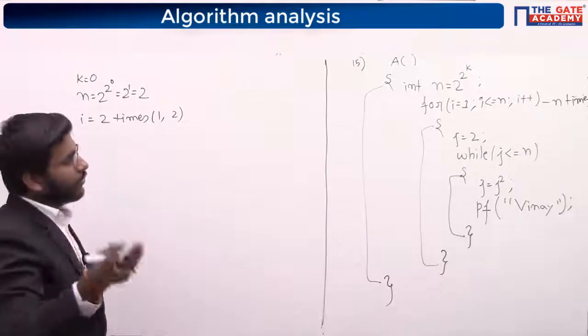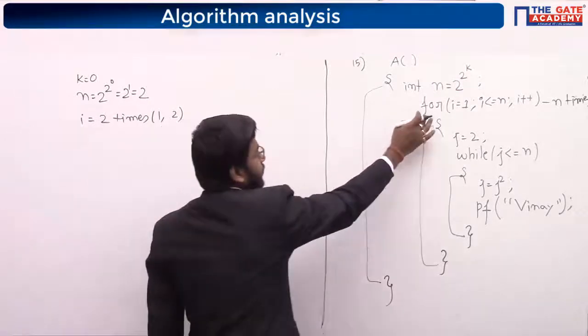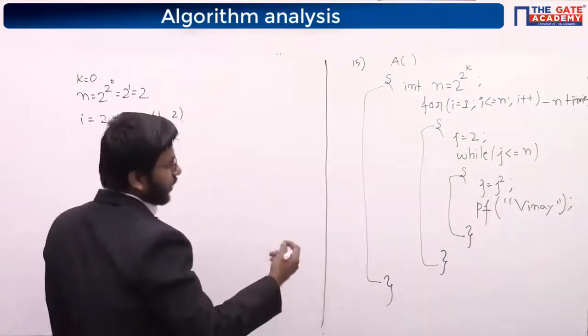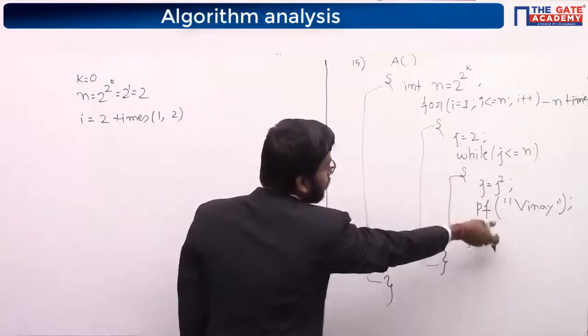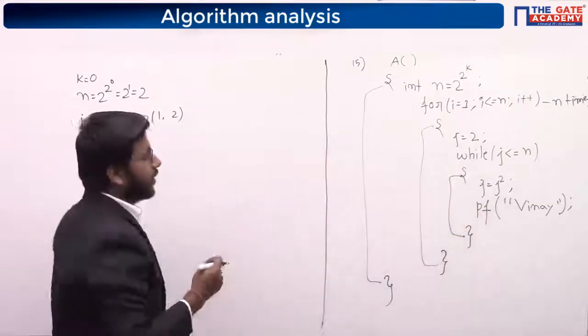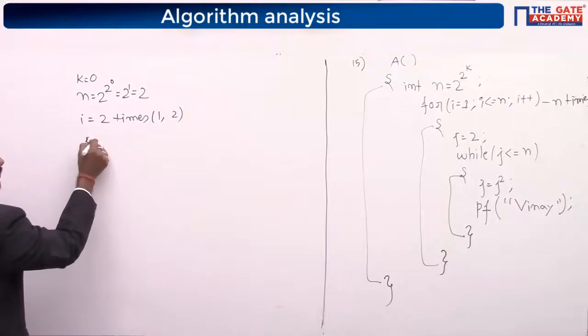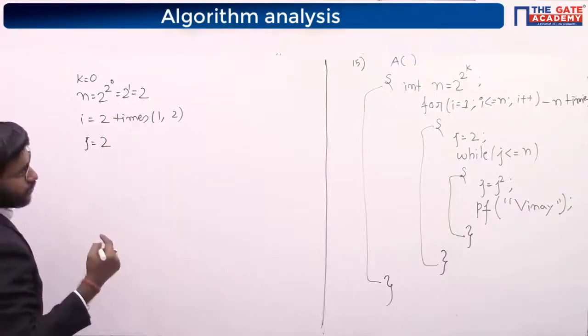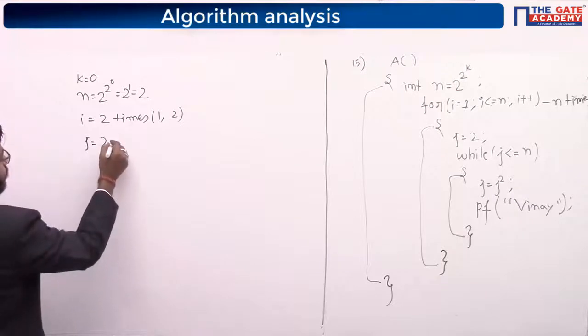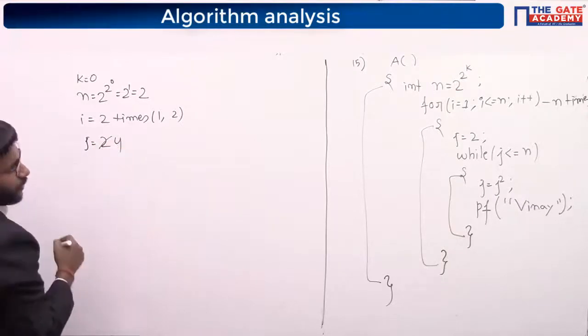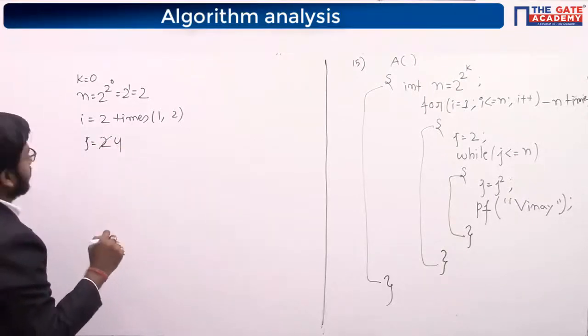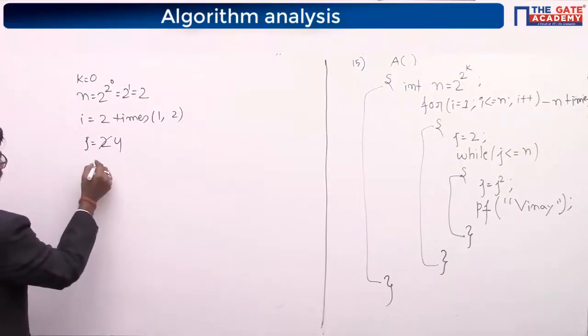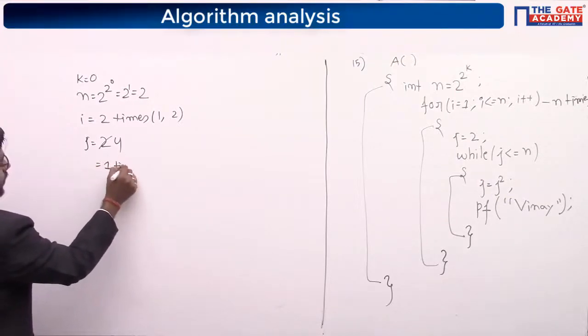When it will be 3, it will go out of the loop. So for each value of i, we have to see how many times it is printing this. So j is 2, and 2 is smaller than n, yes. So j equals j square. Now it is 4, so printf Vinay. So it printed 1 time.